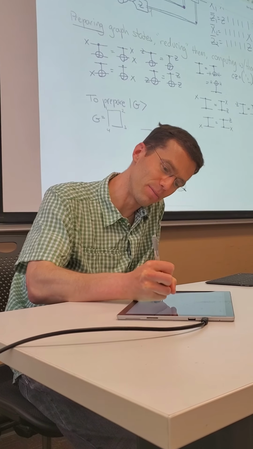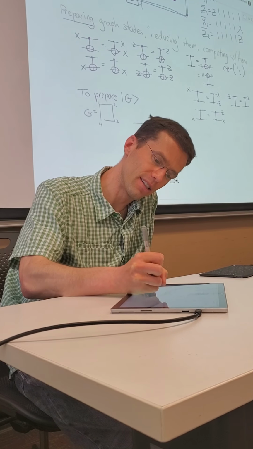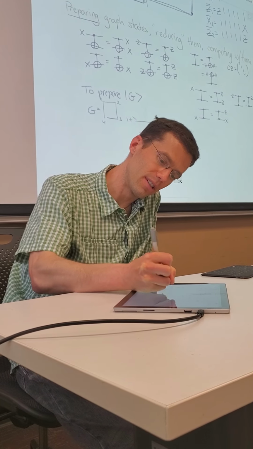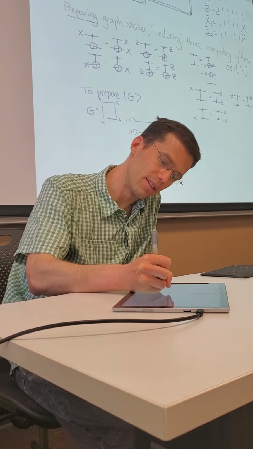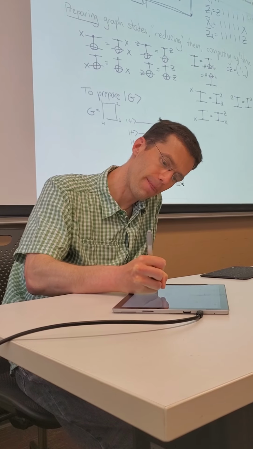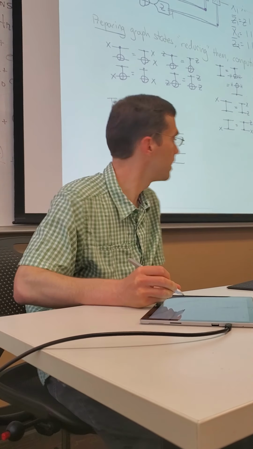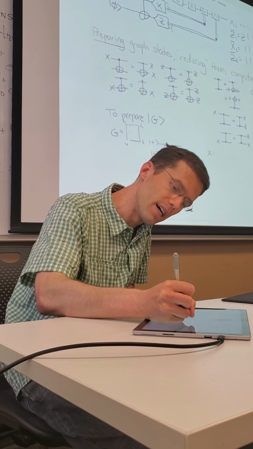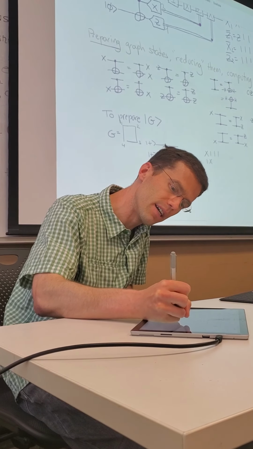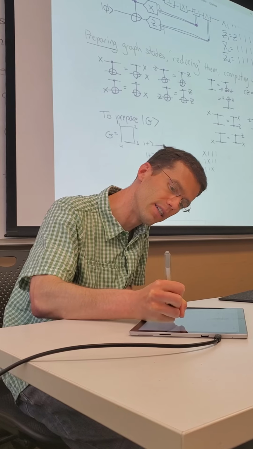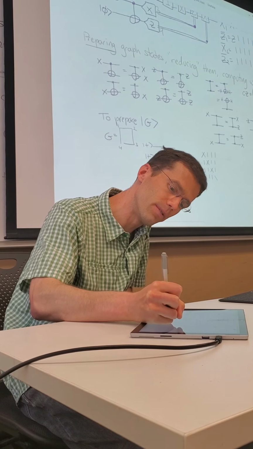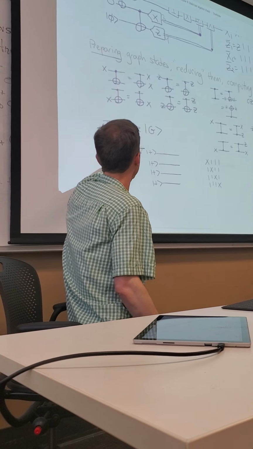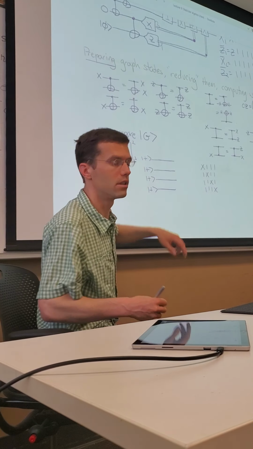The circuit I want to apply should start with ket plus on everything. So right now the stabilizers are X on each qubit, X1, X2, X3, and X4. And now I'll just do controlled Z gates along every edge.